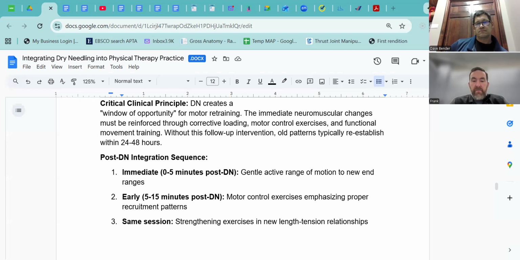And then maybe 5 to 15 minutes post needling, we're going to really progress these motor control exercises. This is where, hey, your hands-on PNF, your D1, D2s, your rhythmic stabilization, alternating isometrics, and then expanding upon that, in the upper extremity maybe some reaching exercises, in the lower extremity maybe a hinge or a squat pattern that was previously painful.